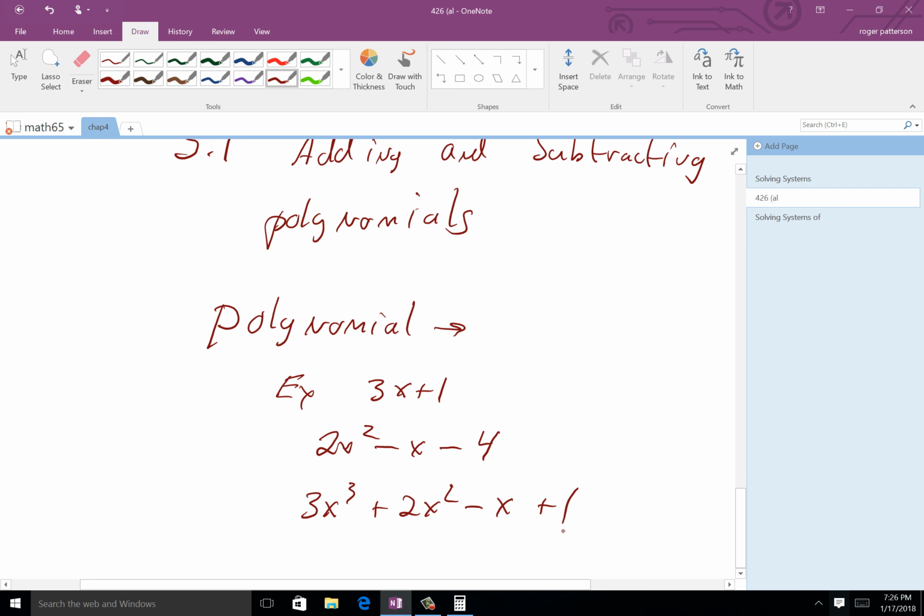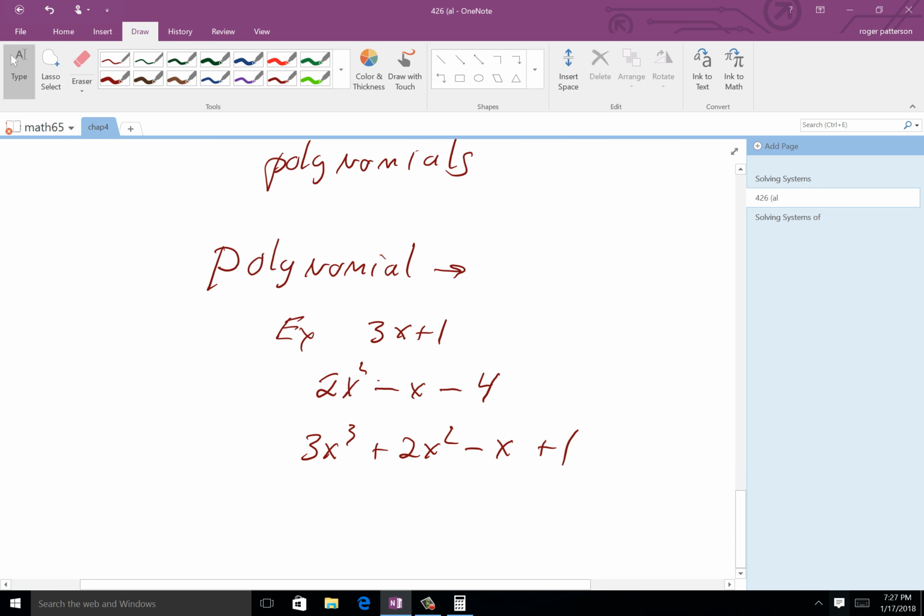Anything that has a combination of x's with nice real numbers, those are all polynomials. It could just be a number. 4 is considered to be a polynomial. So all those are polynomials.